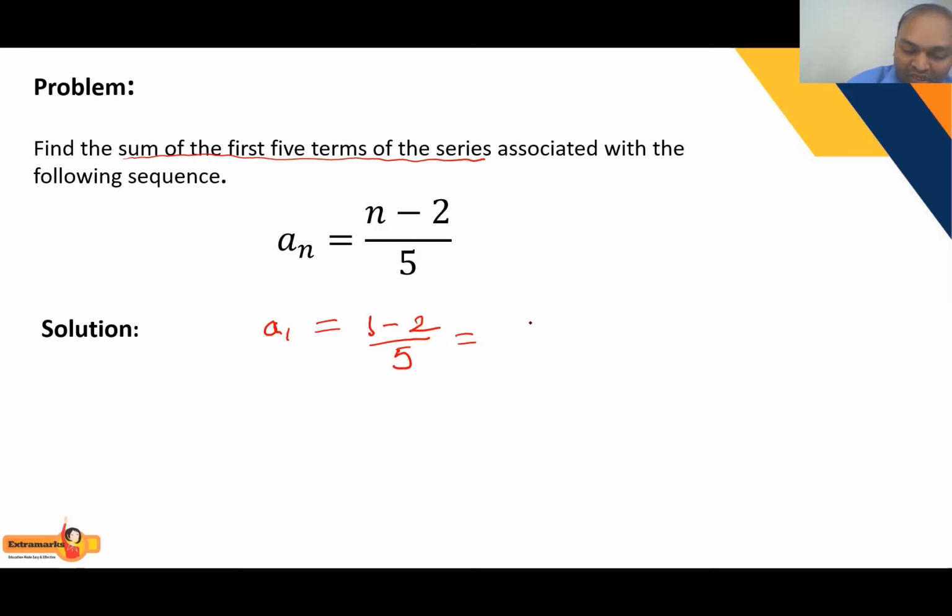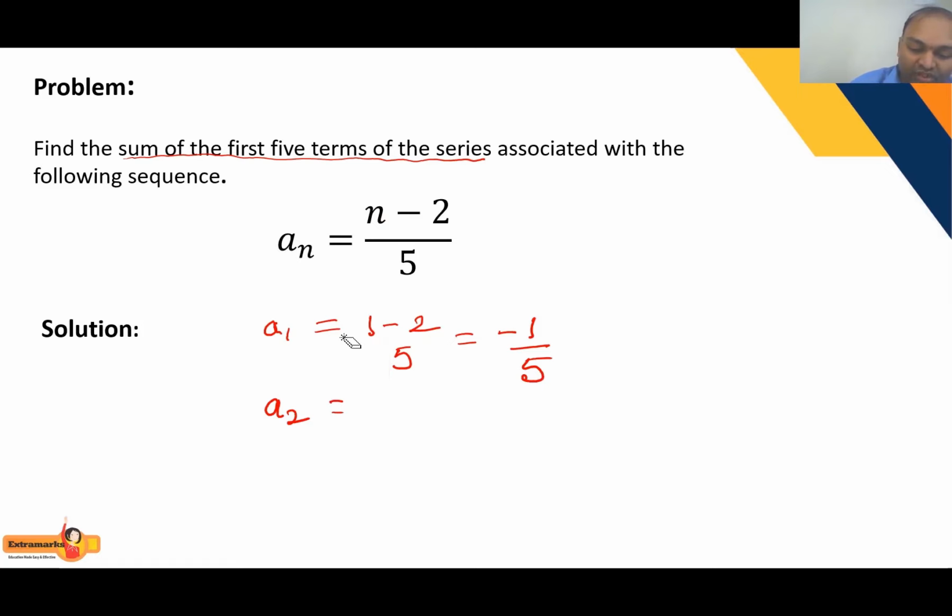So right here, minus 1 whole divided by 5. Right. Then coming to the next one, second term, a2. Here put n is equal to 2. 2 minus 2, 2 minus 2 is 0. So 0 by 5, 0 by 5 is 0.